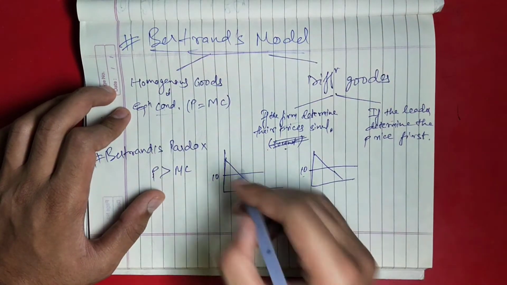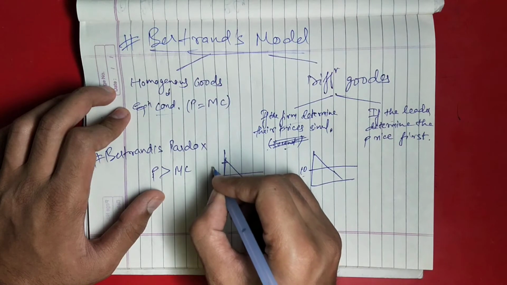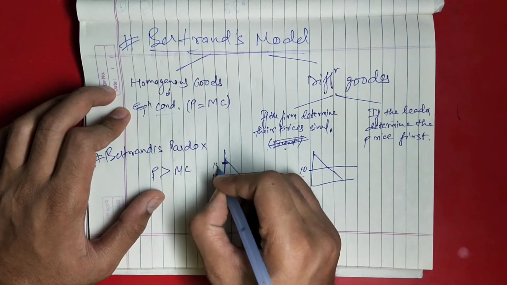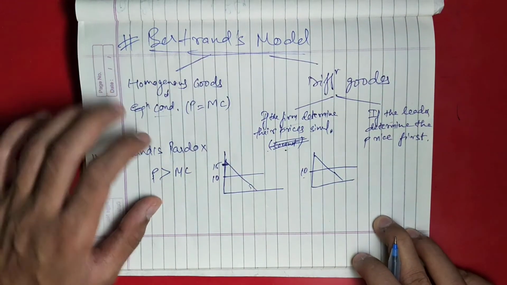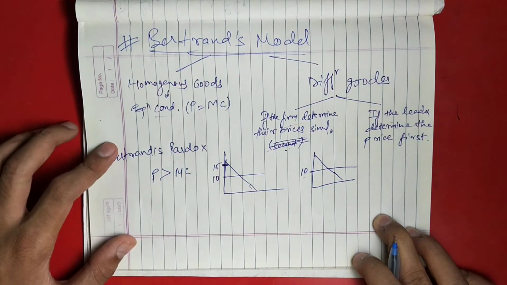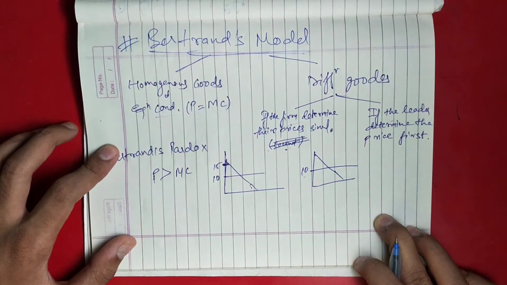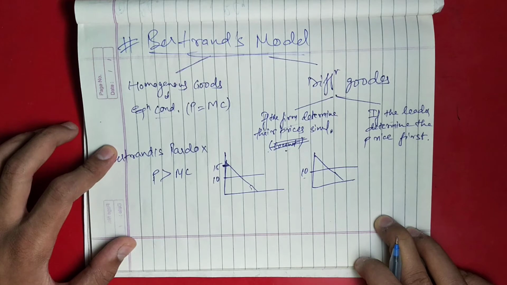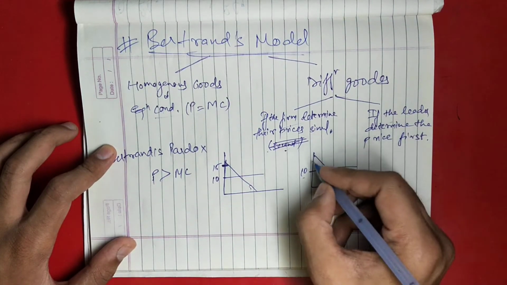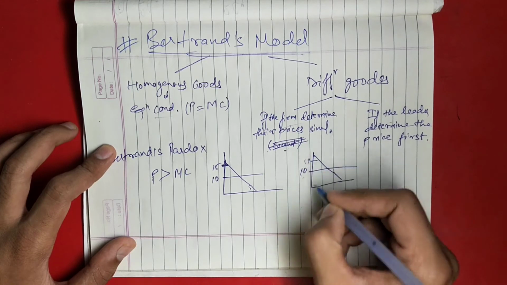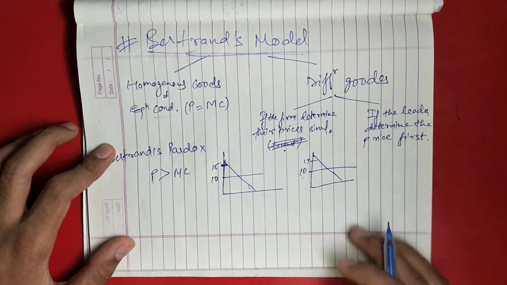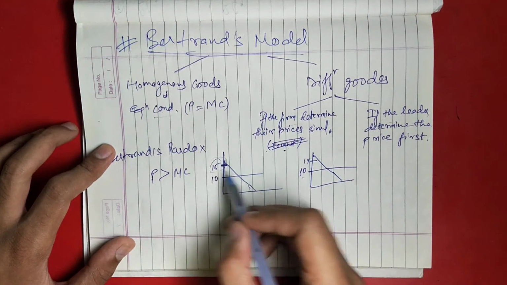Okay, so now I decided to increase the price to 15. What can the second firm do? Since the product is homogeneous, the consumer cannot differentiate between the products of both companies. So the second firm will say, I will keep 14 and extract all the market, because no one will purchase from the first.